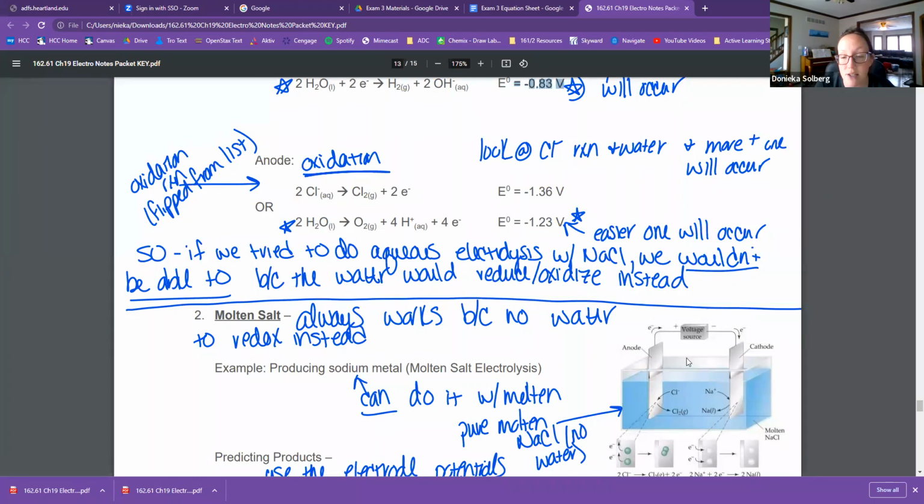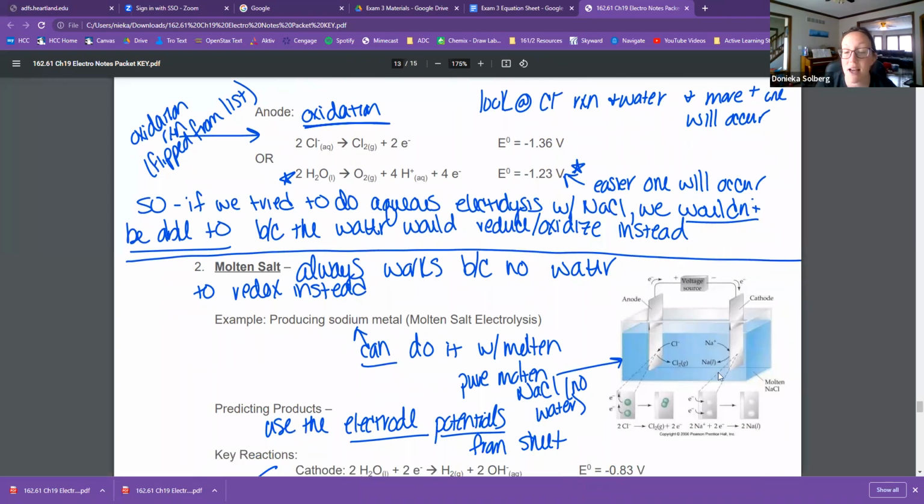So molten electrolysis is what I actually do is I use pure molten sodium chloride, no water, to do the electrolysis in, because the only option then is for the chloride ions to turn into chlorine gas and the sodium ions to turn into sodium, well, in this case, liquid, which as it cools will be solid. Now, molten salt is really, really hot. So this is very difficult to do in reality, but it would give you the exact results that you want. Molten electrolysis will always work.